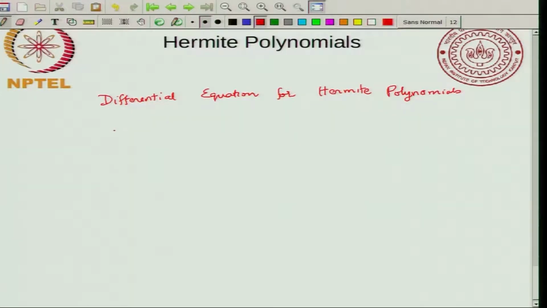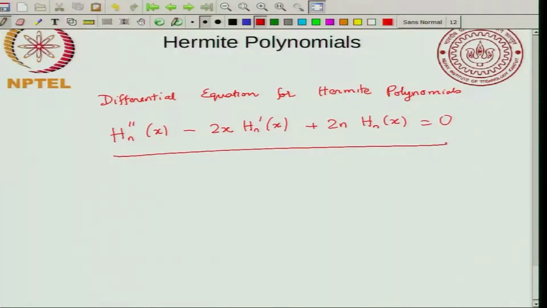I will write this: Hn double prime of x minus 2x Hn prime of x plus 2n Hn of x equal to 0. You can see from the differential equation that f satisfied, if you put all the conditions that the series has to terminate, you will get exactly this differential equation for f.